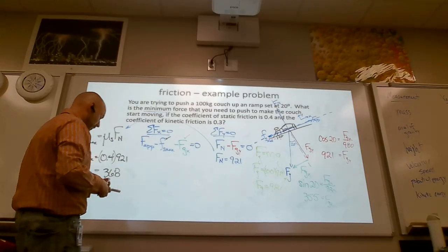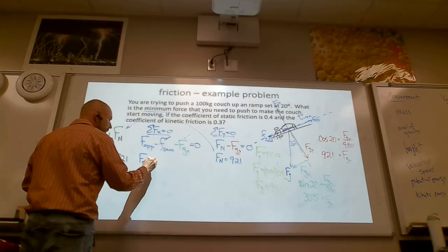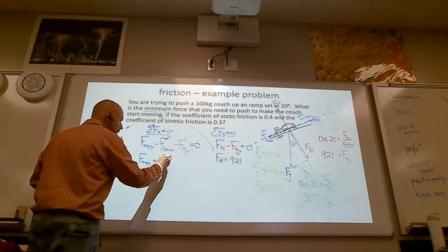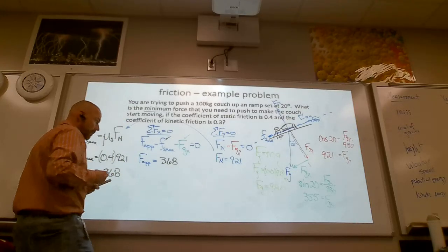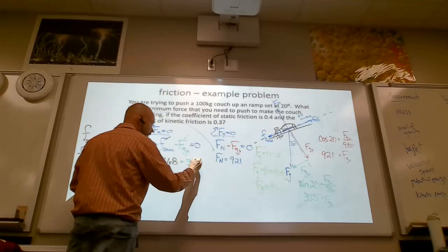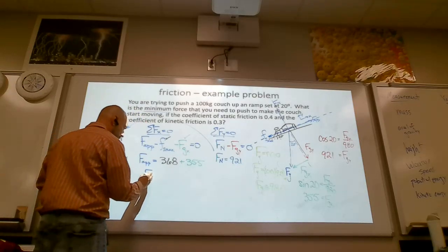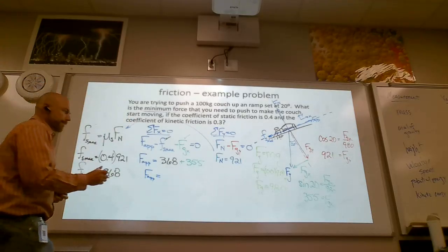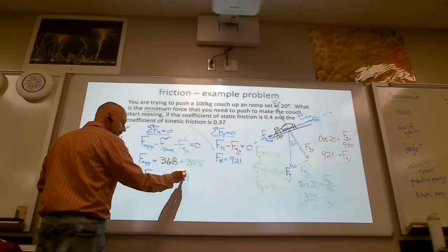Okay. So applied force is equal to 368 plus 355. Applied force is equal to 703 newtons.